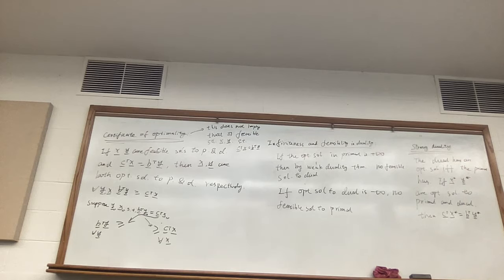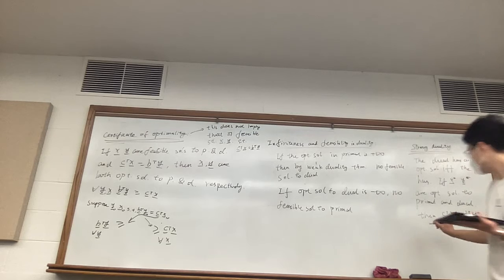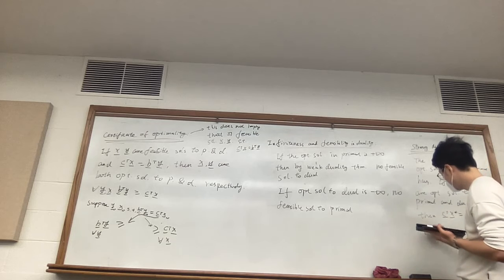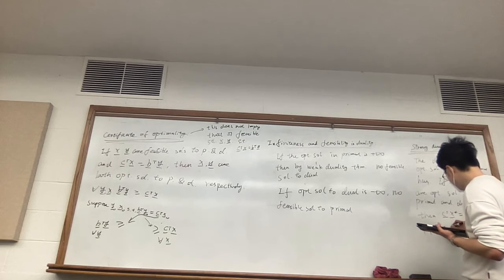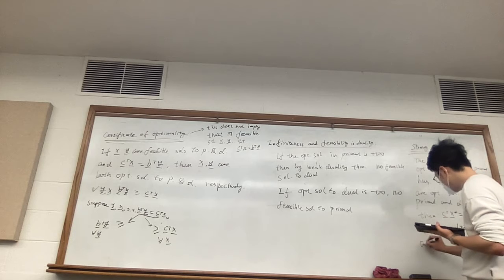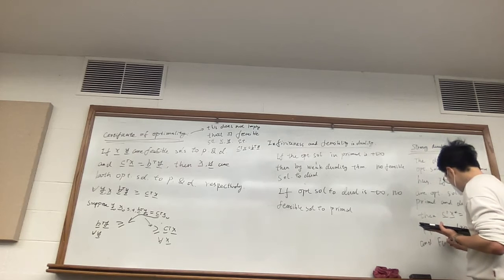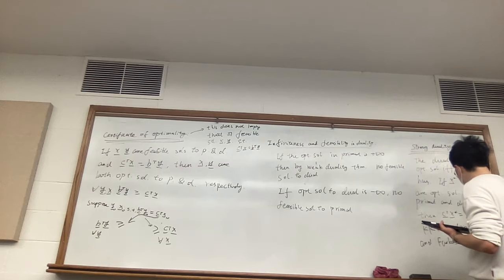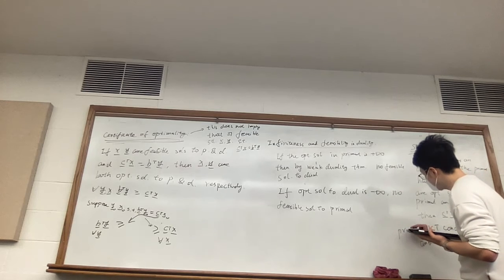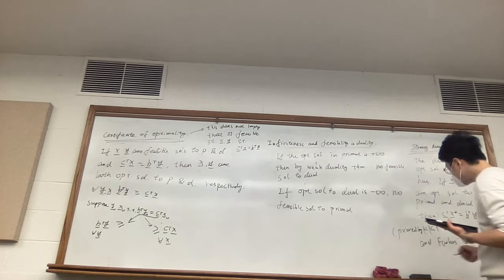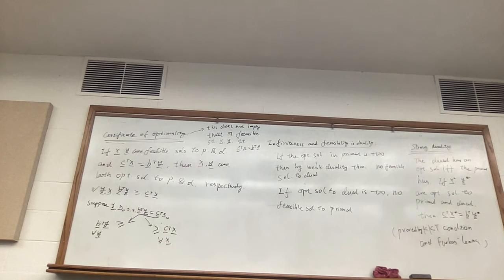But here I will not prove the strong duality, because if you want to prove it, you need to use something called the KKT condition and Farkas lemma. The KKT condition is a very famous condition in constrained optimization.